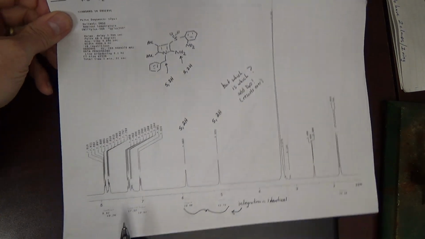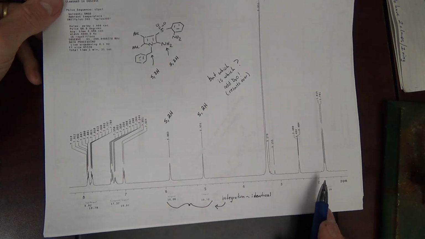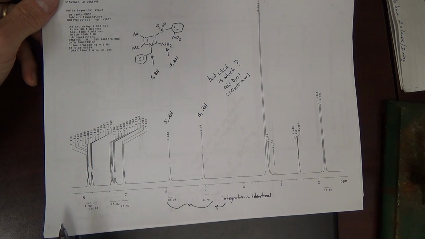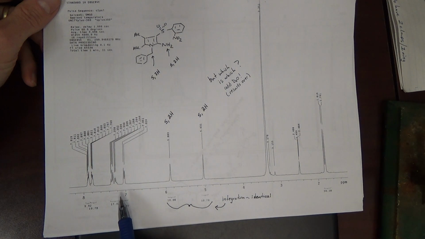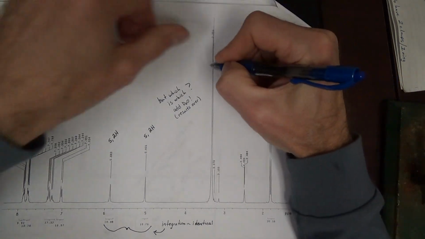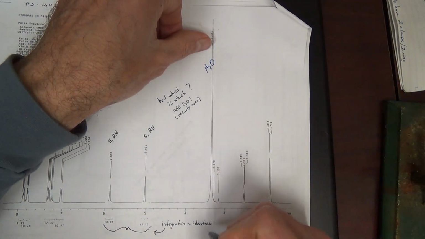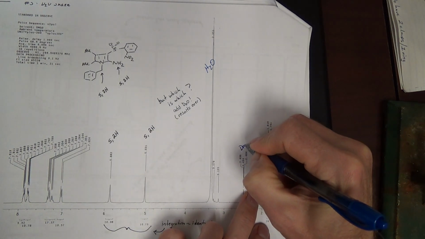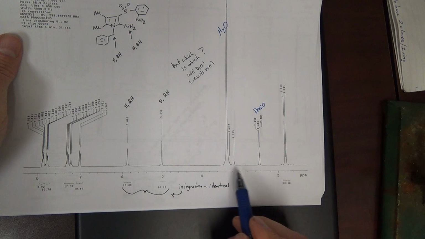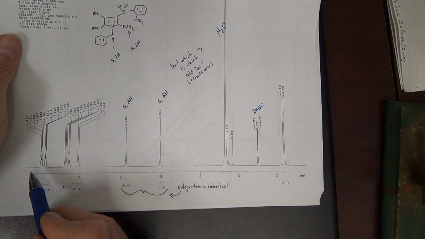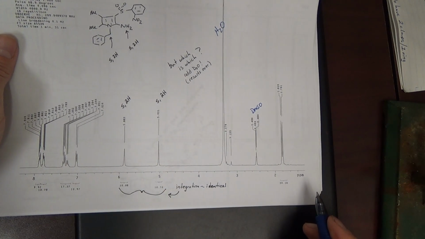Here's the proton NMR. Aromatics, 7 to 8 region. Okay. We've got H2O, remember water, about 3.3. This is DMSO, residual solvent. The remainder is compound, all right?